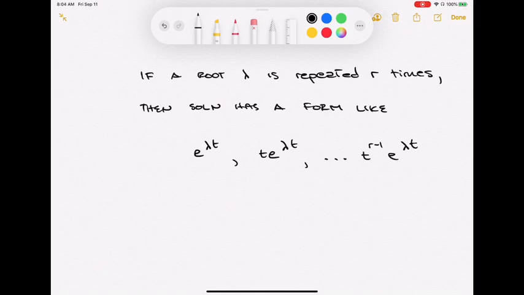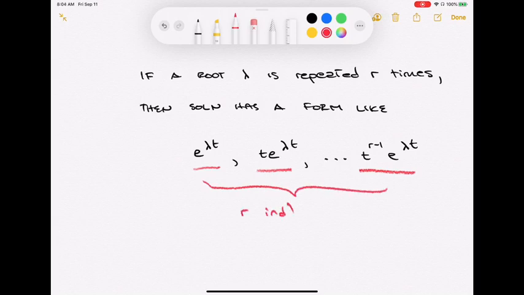So when you repeat a root lambda a total of r times, so there's r roots lambda, you need r separate independent terms, and the form of these is e to the lambda t, t e to the lambda t, all the way out to t to the r minus 1 e to the lambda t. There's a total here of r independent terms. They would all still have their coefficients. You'd still take a linear combination of them, and you would follow the same procedure.